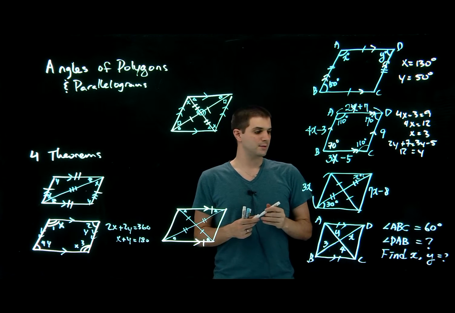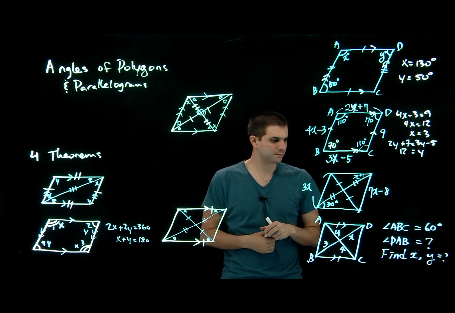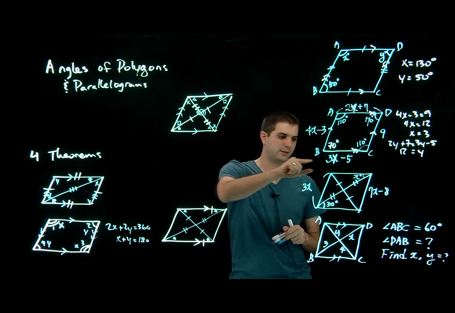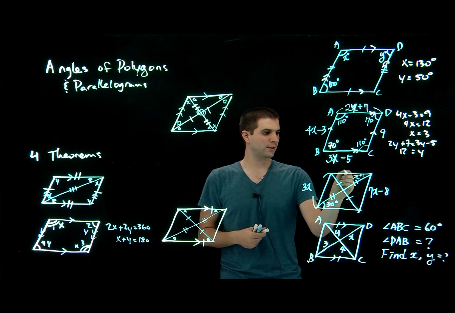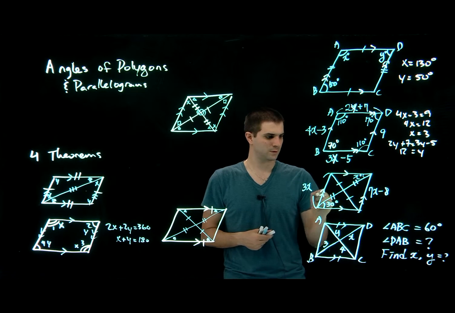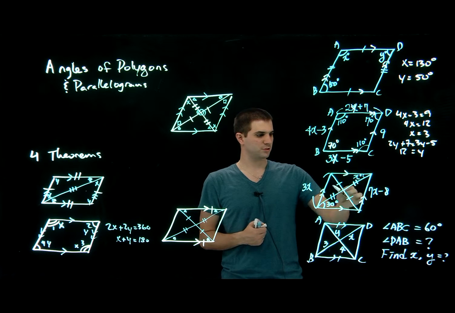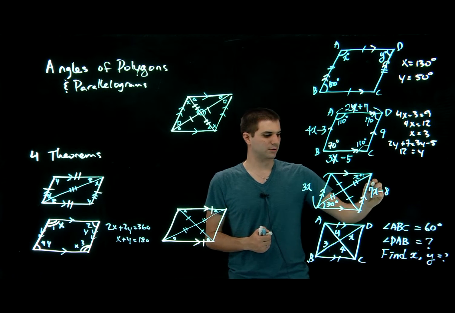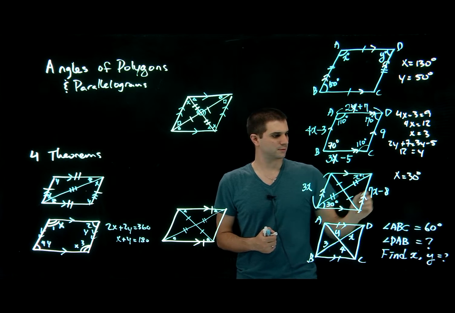Okay, now again, in this case, we don't know if it's a parallelogram, but it looks like this is going to be the same as this. So the diagonals of a quadrilateral bisect each other. So if that's true, we know that this must be a parallelogram. Okay, parallelograms, we know that these two angles, so two parallel lines cut by a transversal, the alternate interior angles, x is going to equal 30 degrees.